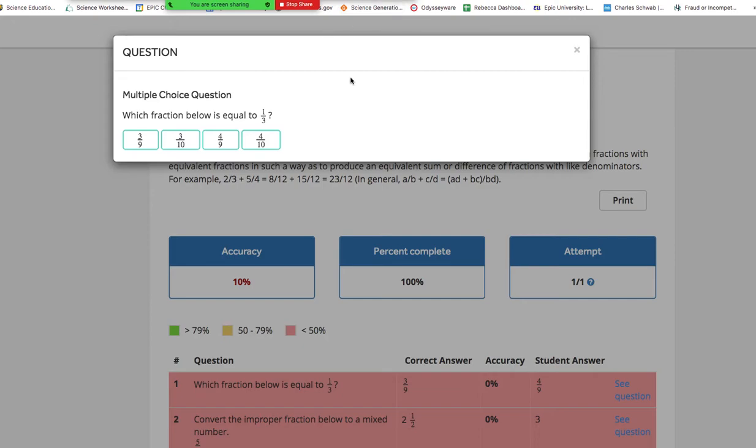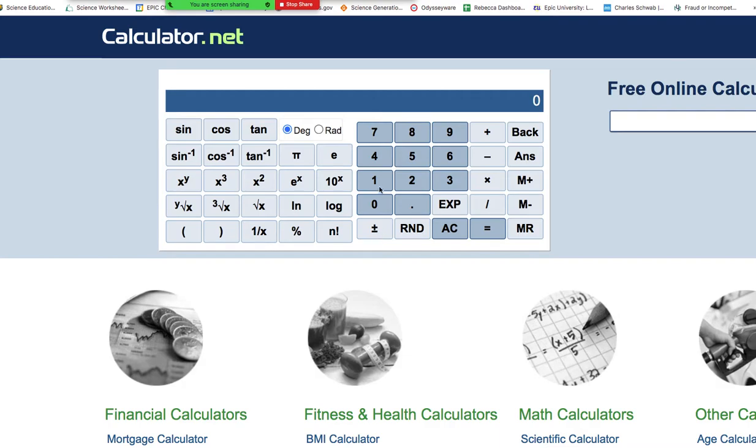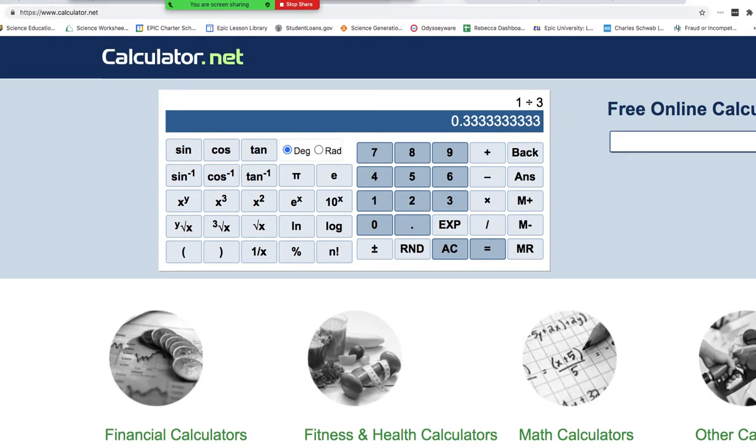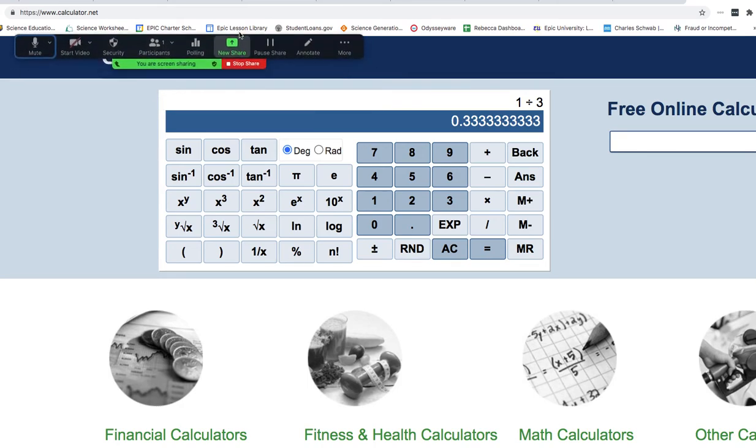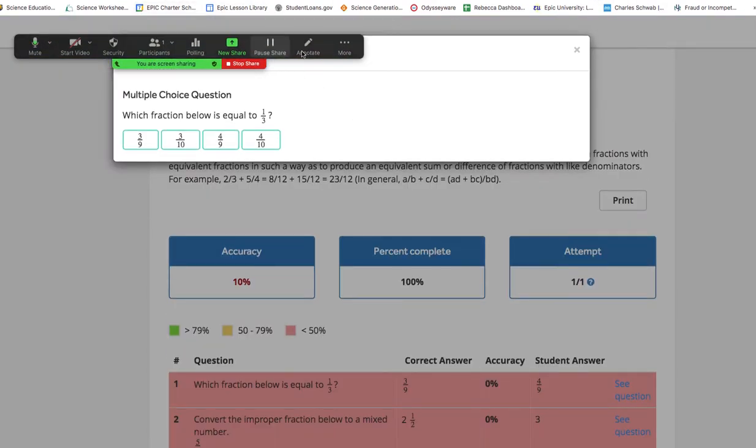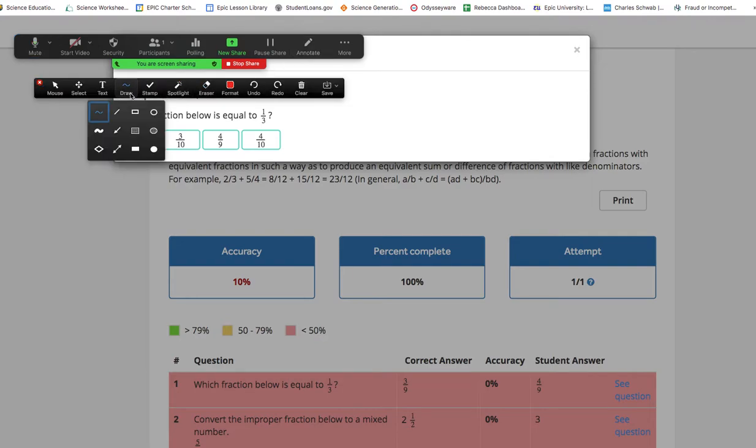So one of the things that you can do is, in a calculator, you type in 1 divided by 3. That's 1/3, and you get 0.33. So you come back over here and you say 1/3 is equal to 0.333.